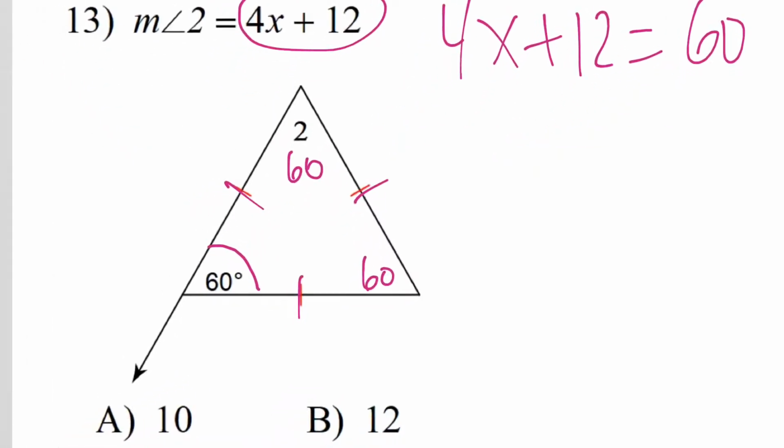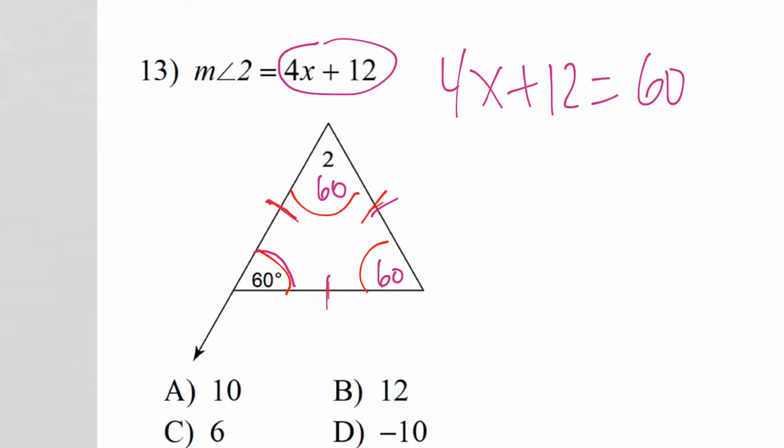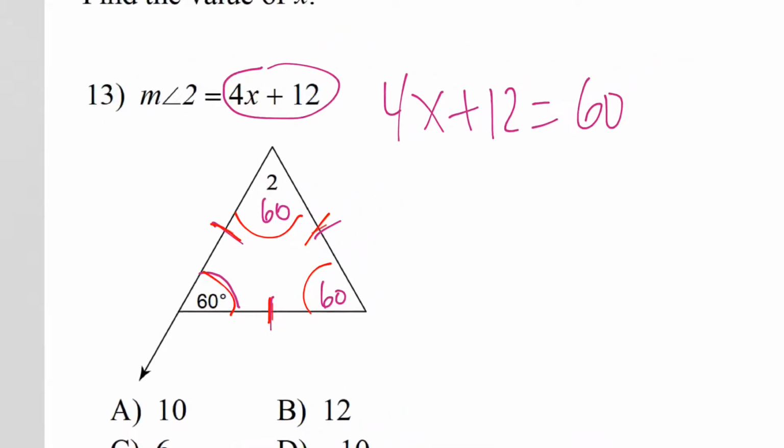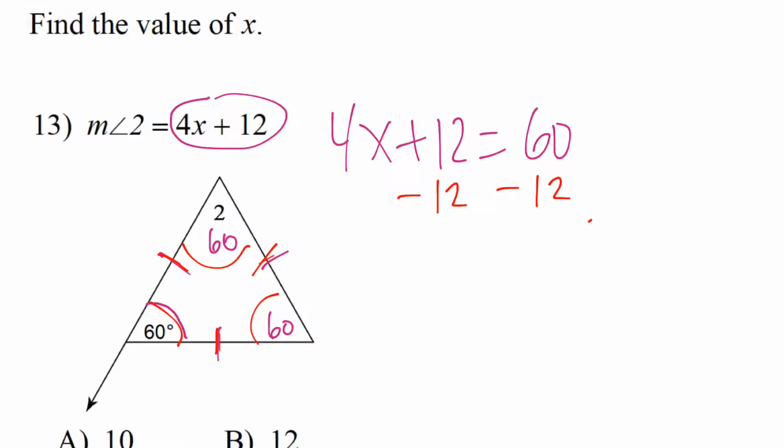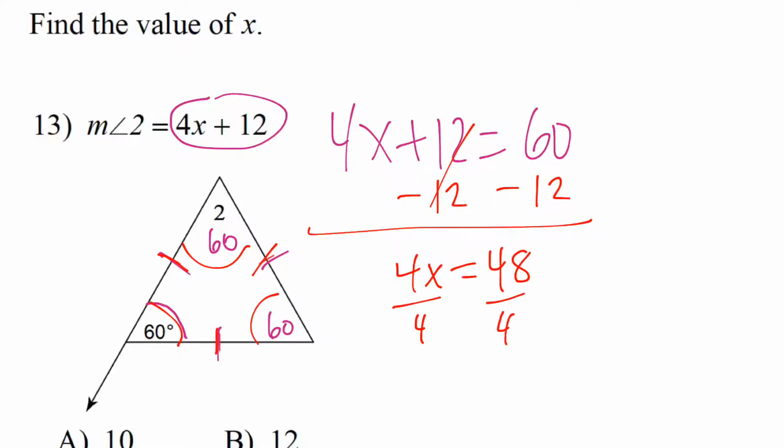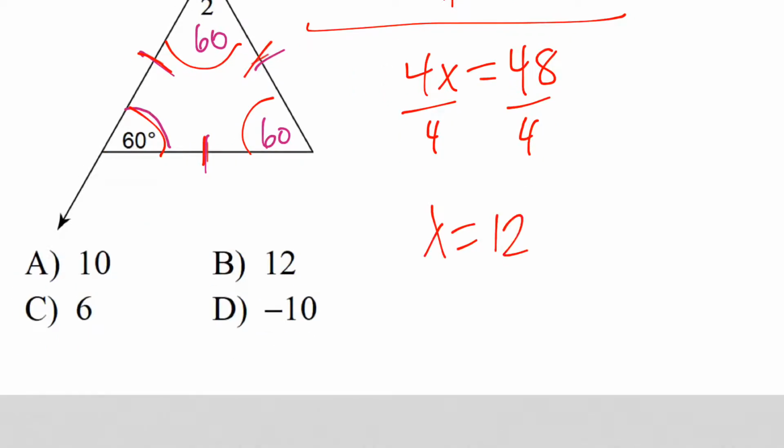That's where I got 60 from. 60, 60, 60 is equal to 180. All sides are congruent, which means all angles are congruent. Solve for x by subtracting 12 from both sides. So you get 4x equals 48. And when you divide by 4, x ends up equaling 12.